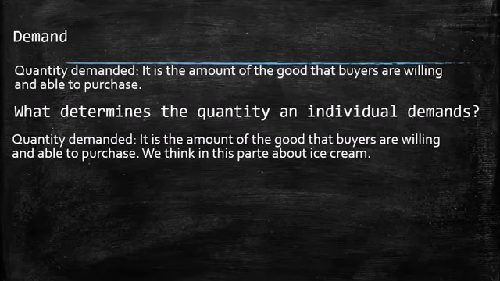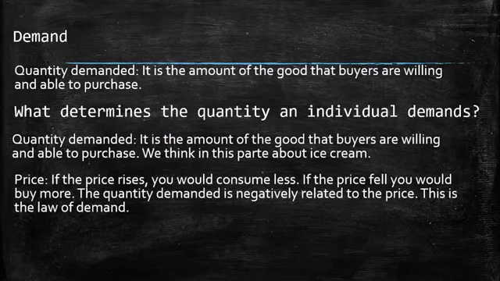The first is the price. Generally, if the price rises, you would consume less because you don't have more money to buy this good. On the other side, if the price falls, you would buy more, because you're attracted by the lower price. Think about the days when you have discounts, you buy more.